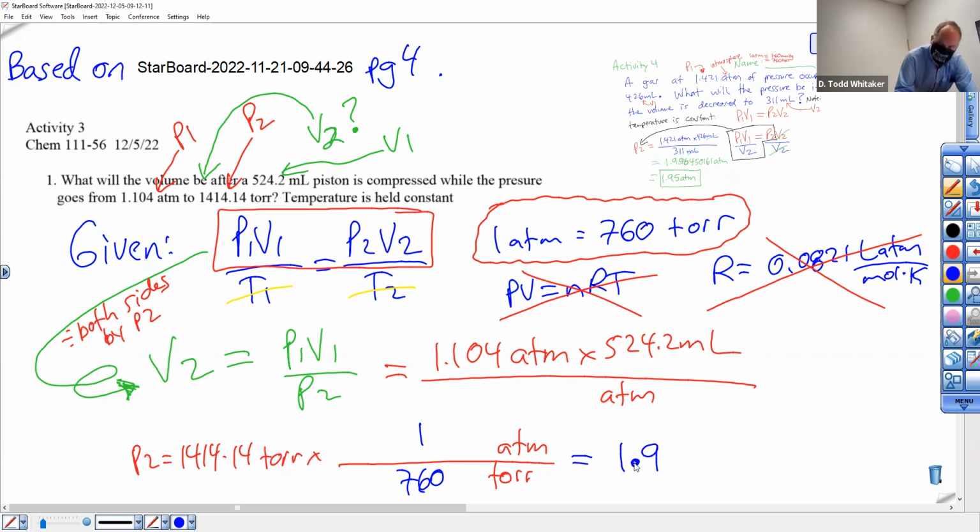I want more sig figs though, please. Two would be 1520. Oh, sorry. Yep, keep going. 071 053. And that is now ATM.